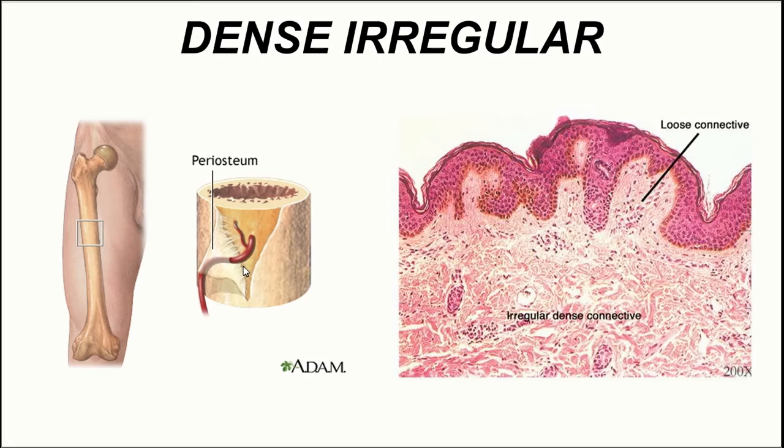And so the dense irregular connective tissue helps make sure that when the muscles pull on bones, that pulling force is transmitted effectively so that the bone will move as it should.